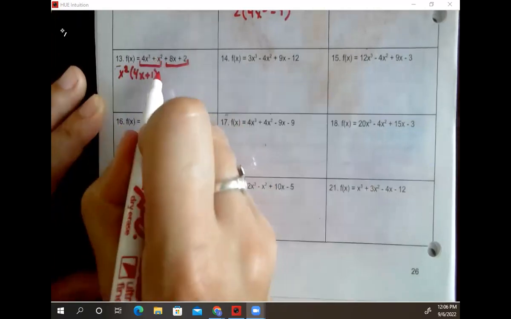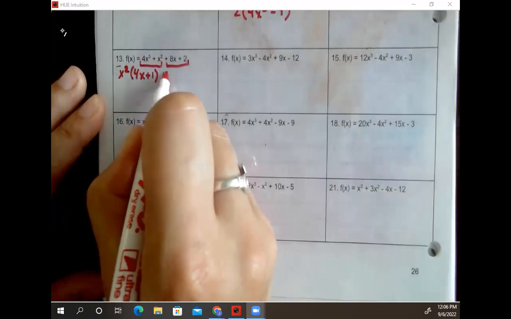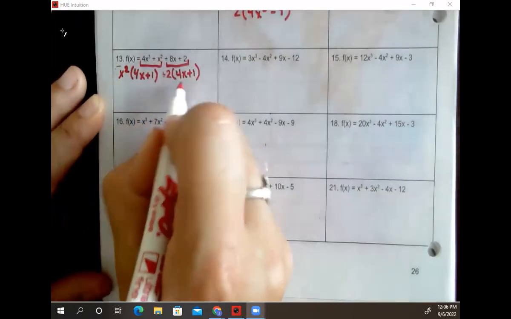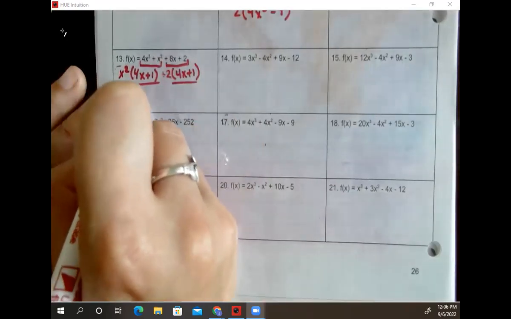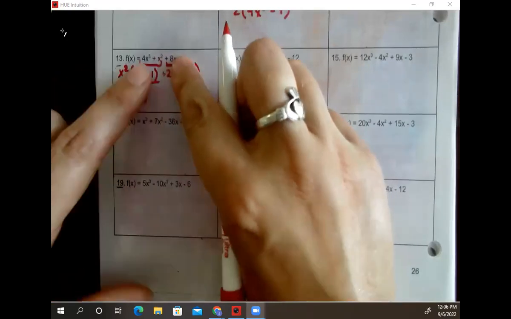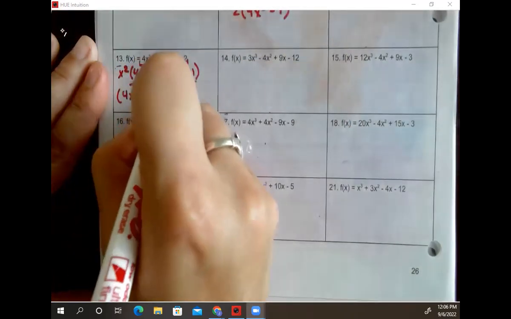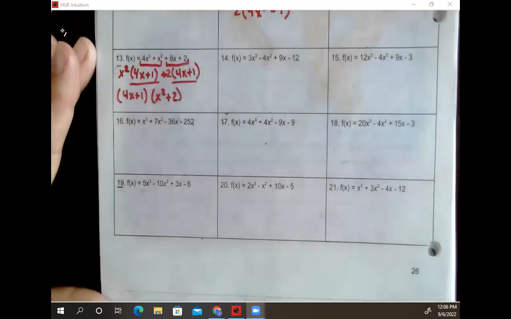What's my GCF for the second group? 2. So I'm going to factor out a 2. That would leave me with 4x plus 1. My stuff in parentheses is the same, so that comes out front, 4x plus 1. And then my other factor is what's left over, x squared plus 2. There's my factored form.